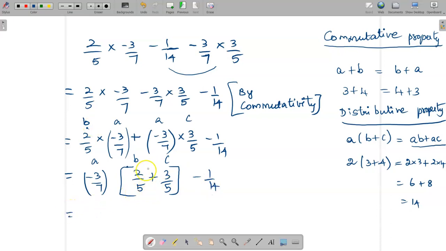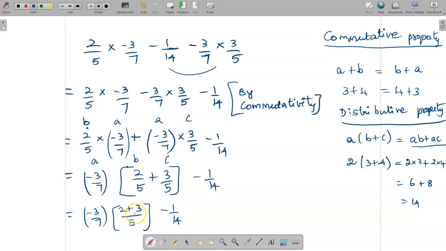Now I need to simplify this term. Minus 3 by 7 you can keep as it is. Since it is addition of rational numbers and in both the terms I have 5 common, you can take that as the denominator. The numerator I can just simply add. No need to find the LCM because both the denominators are the same.